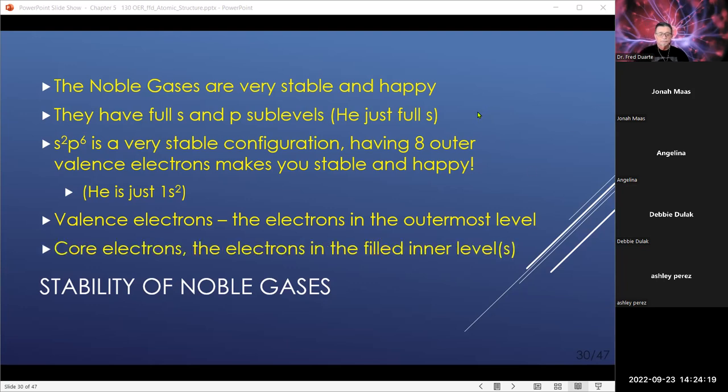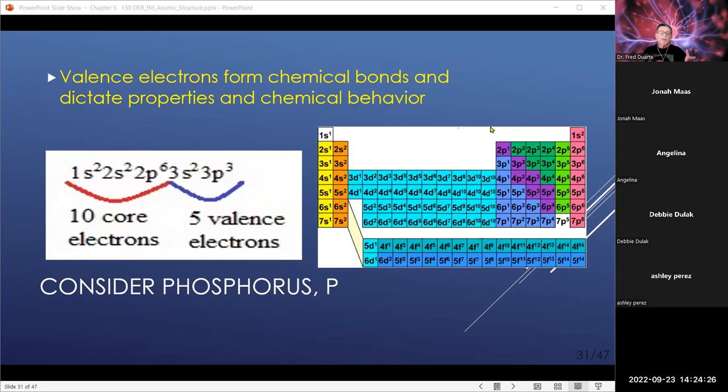All right, so that's the thing about noble gases. The outermost shell is full. I introduced to you the concept of the valence electrons, and those are the outermost shell. If we look at phosphorus, okay, phosphorus is this one right here, 1, 2, and 3.